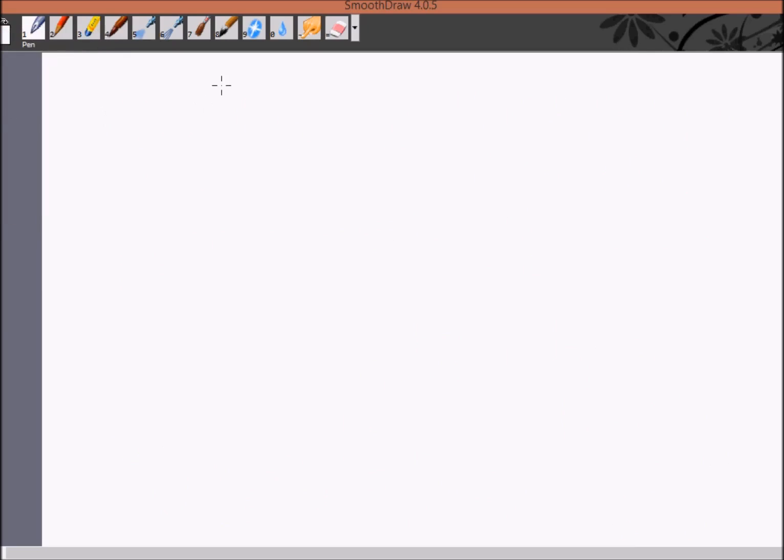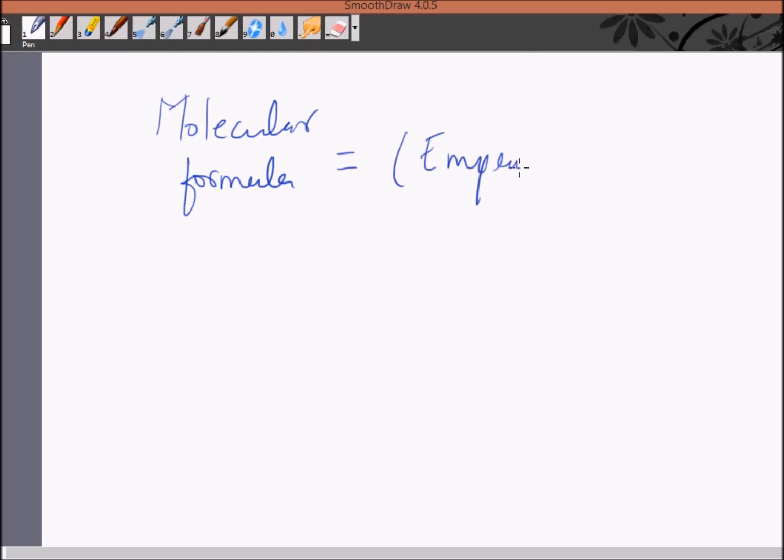You can also write it like this. Molecular formula can either be equal to the empirical formula, or it can also be a simple multiple of the empirical formula. For example, you can write here: empirical formula, bracket closed by n, where n is a simple whole number like 1, 2, 3, 4, right?